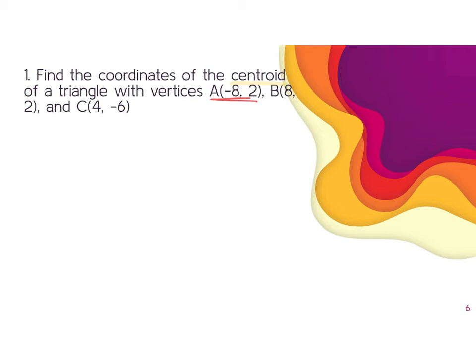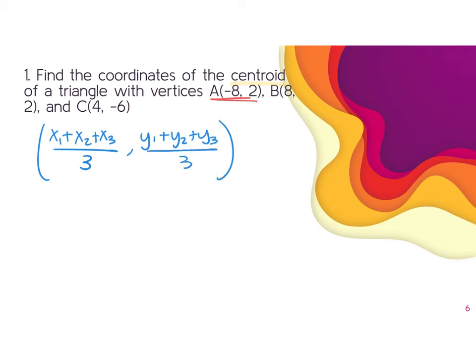But what actually happens every single time is that it works out to be the average of the x's, average of the y's, which is much easier than going through the work of what we were just talking about. So we will do x1 plus x2 plus x3 divided by 3. Then we do y1 plus y2 plus y3 divided by 3. Looking at my points, -8 plus 8 plus 4.